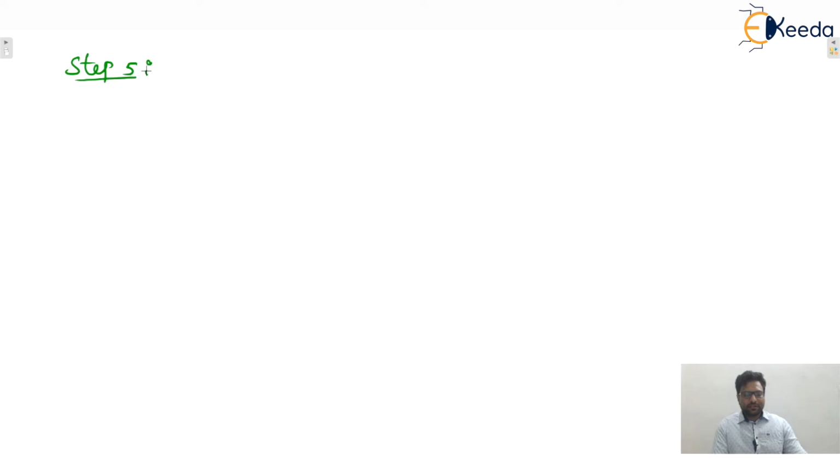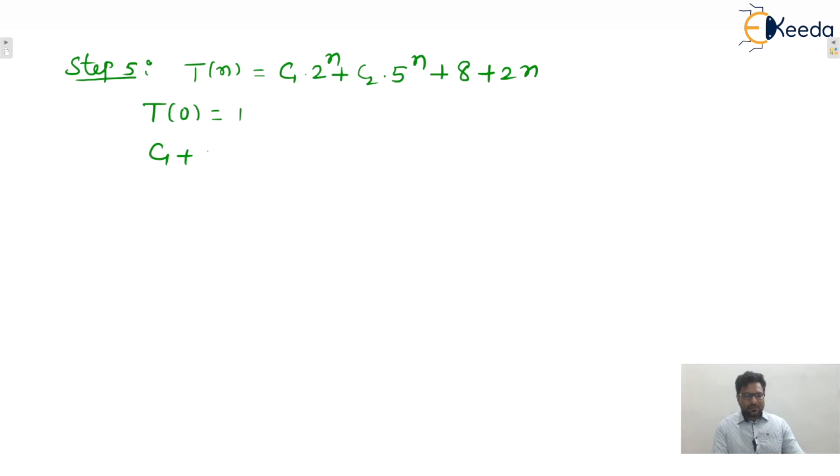Tn equals C1 into 2 raised to power n plus C2 into 5 raised to power n plus 8 plus 2n. The initial condition given is T of 0 equals 1. So put n equals 0: C1 plus C2 plus 8 equals 1. Let's say this is equation 2.